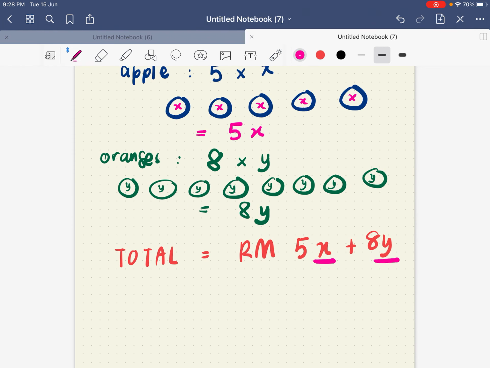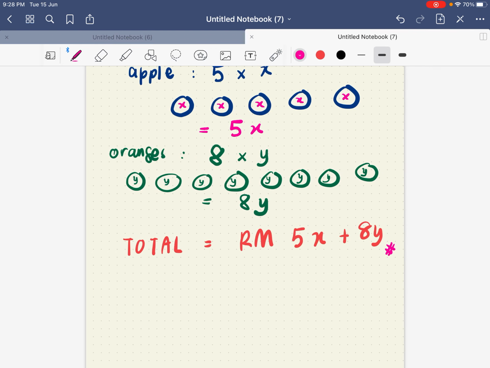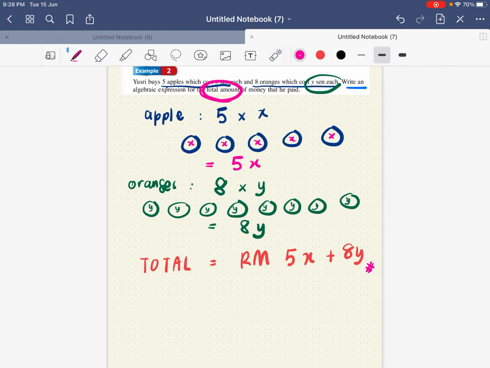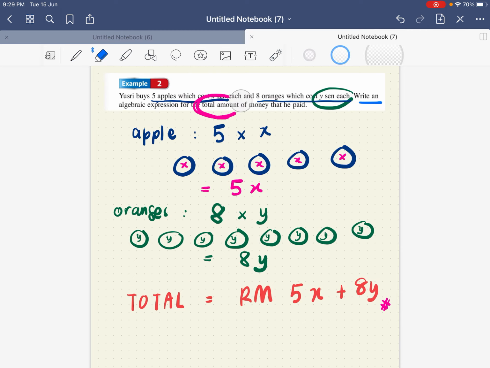So, total dia kena bayar, inilah jawapan akhir kita: RM5X plus 8Y. That is the total amount. Okay, saya harap benda ni clear untuk awak faham.